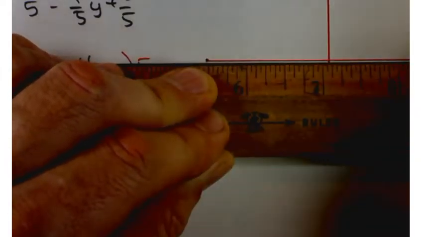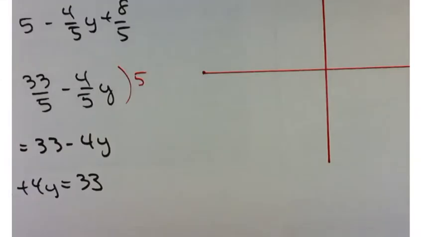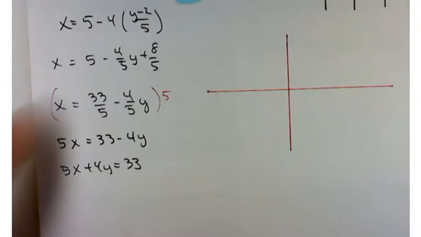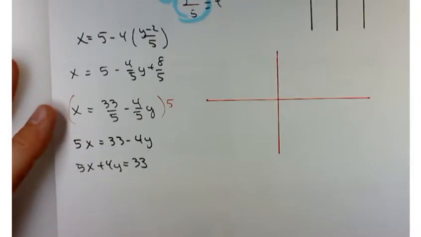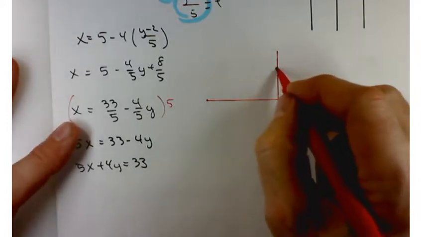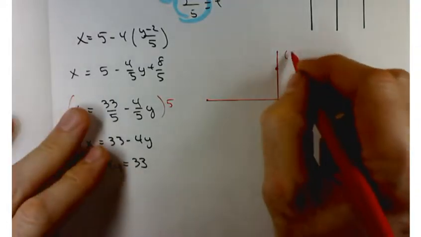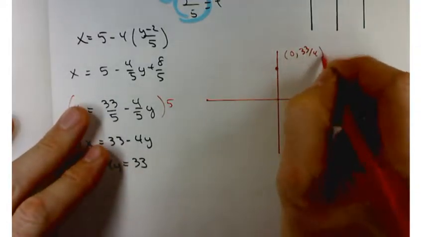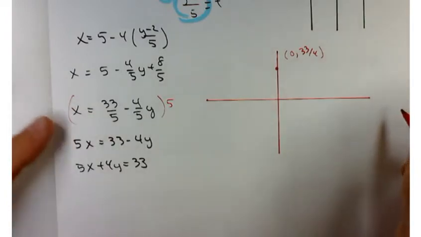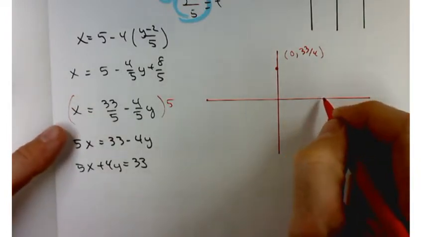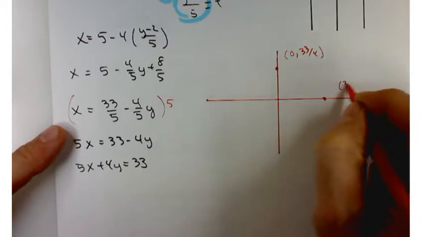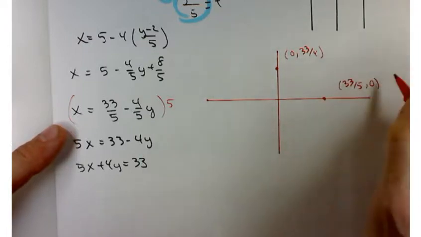I'm not trying to draw this anywhere near exact, although I think I will take at least a little bit of time to plot the y-intercept. That would be 33 over 4, so 0 and 33 over 4, and the x-intercept would be 33 over 5 and 0, so something like that.